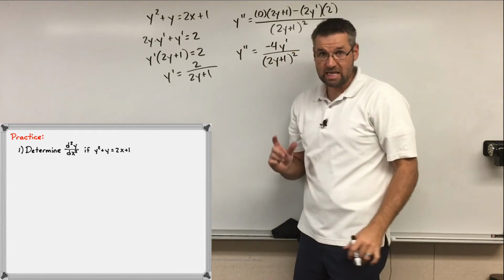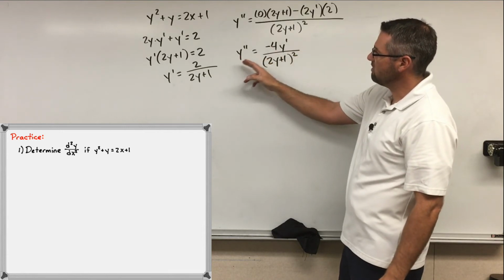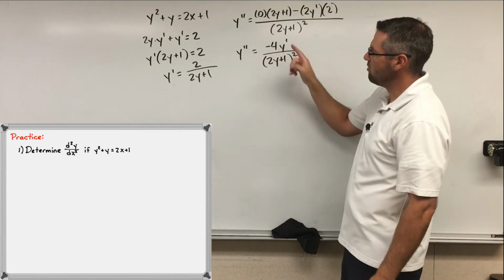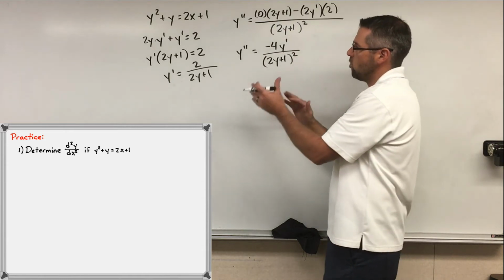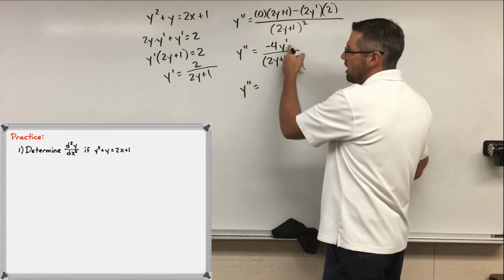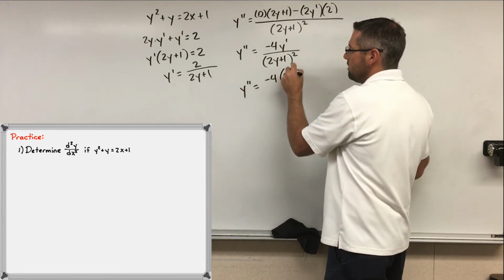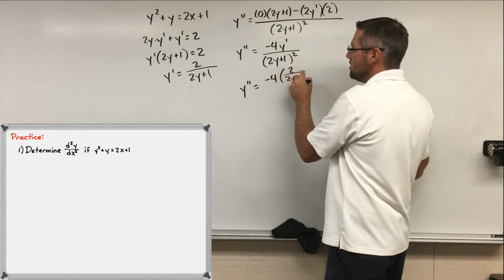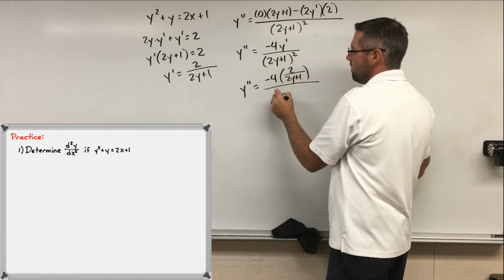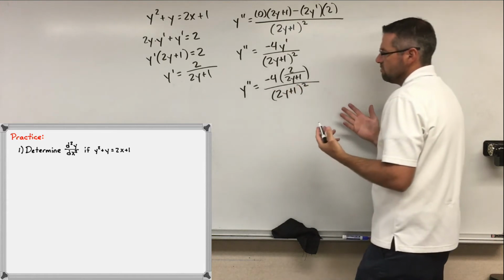Again, we do not want to leave it so that there's a y prime. We don't want the second derivative to be written with respect to y prime. We want it in terms of x or y or both, but not y prime. So we need to replace y prime with what we know it is. Now it's this. So we'd say negative 4 times 2 over 2y plus 1 all over 2y plus 1 squared. And then we can simplify that a little bit.